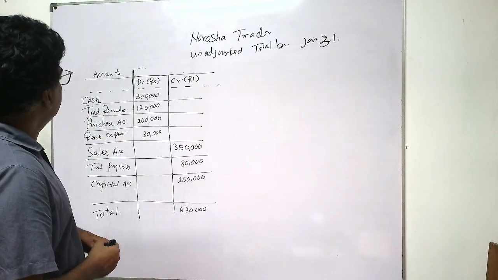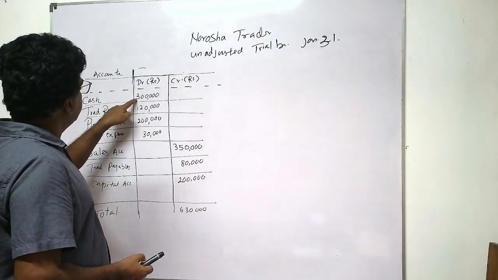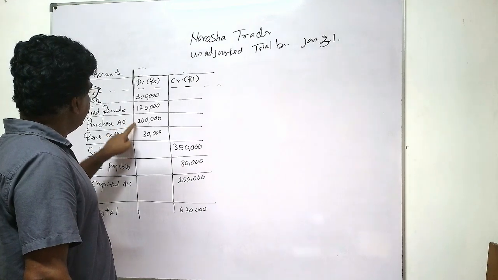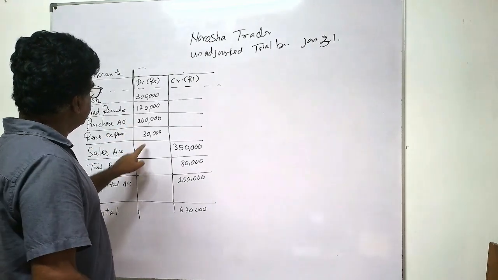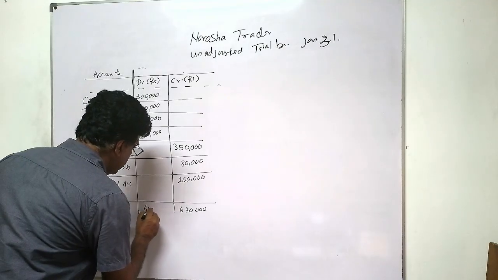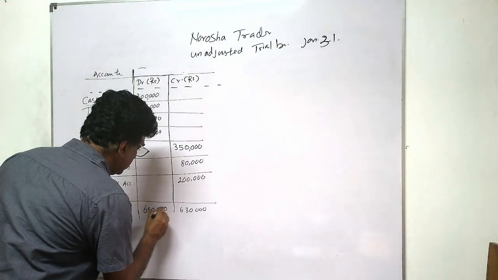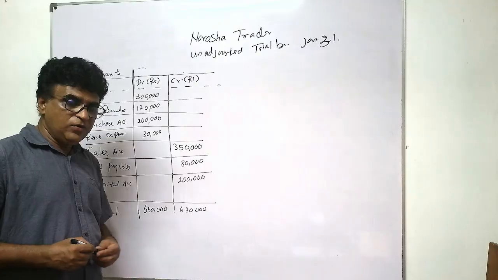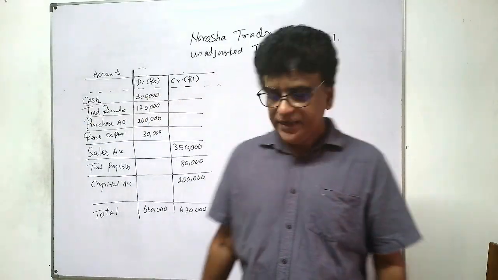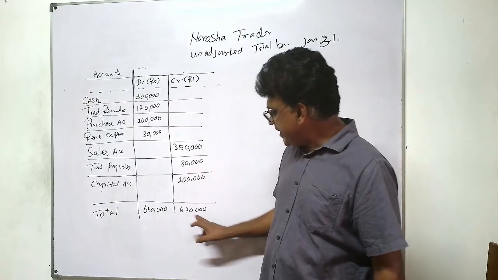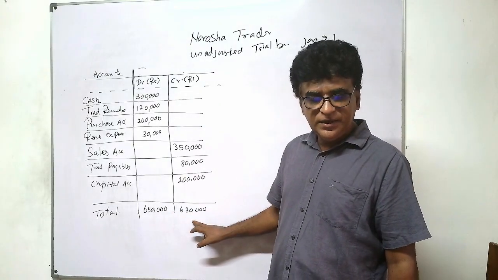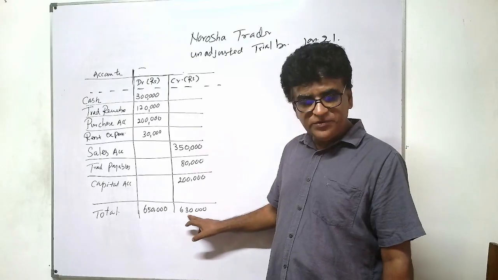But the balance of the other side is 300,000, 420, 620 and 650. Now we have detected there is a 20,000 rupees variance in these debit and credit balances.